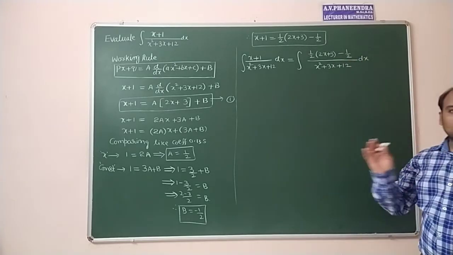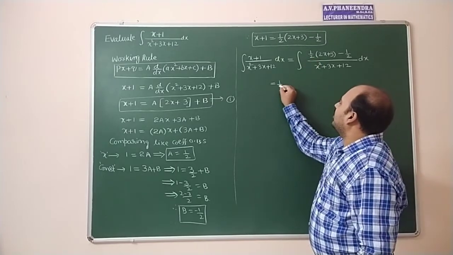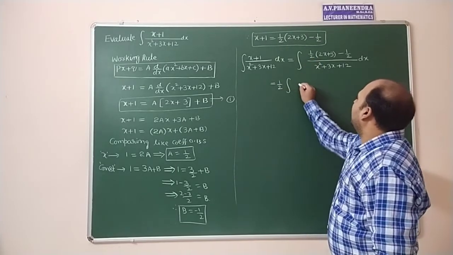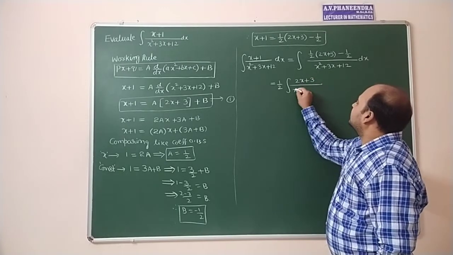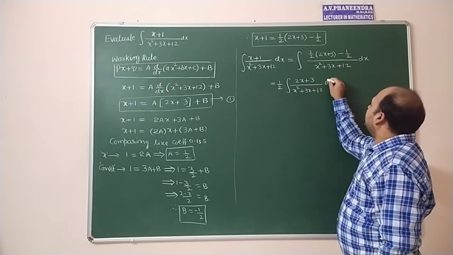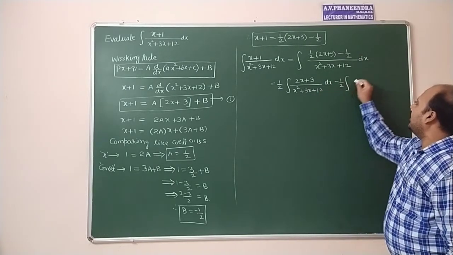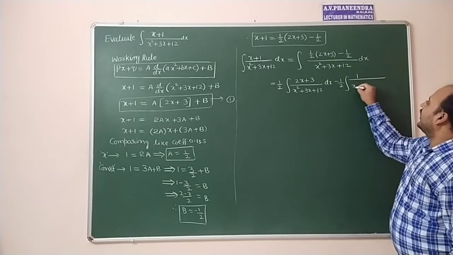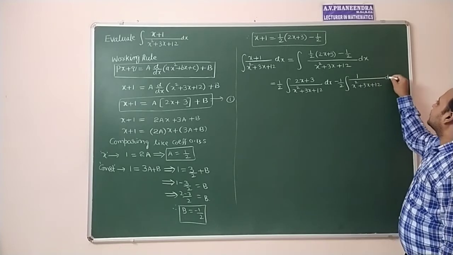Now splitting into two integrals, which is equal to 1 by 2, constant you can take outside, integral 2x plus 3 divided by x square plus 3x plus 12 into dx, minus 1 by 2, constant you can take outside, integral 1 by x square plus 3x plus 12 into dx.